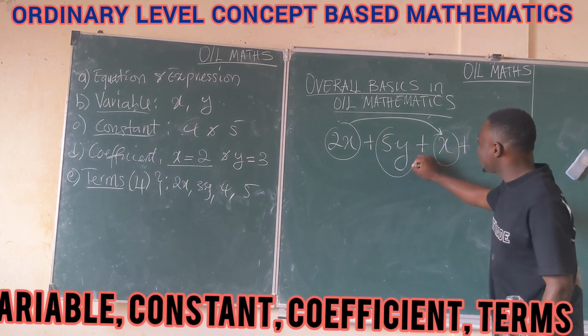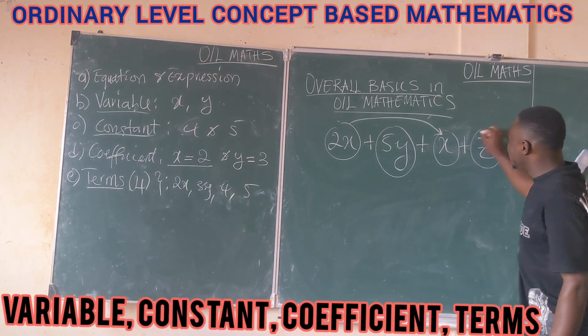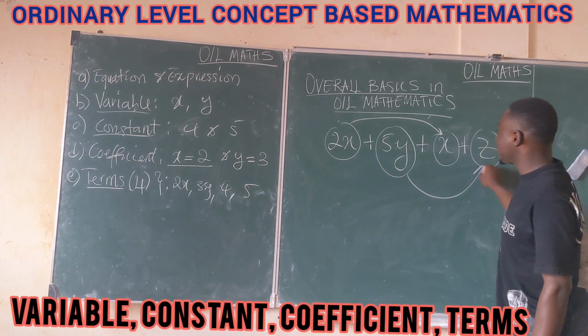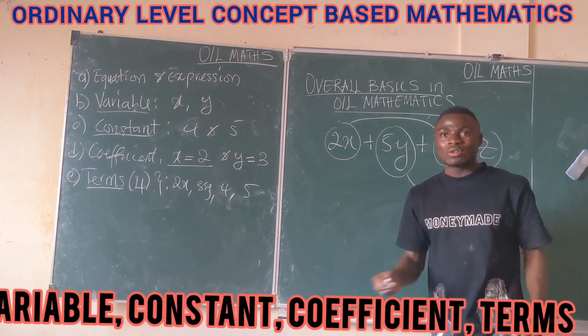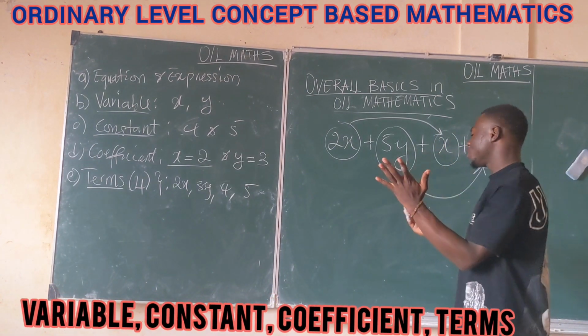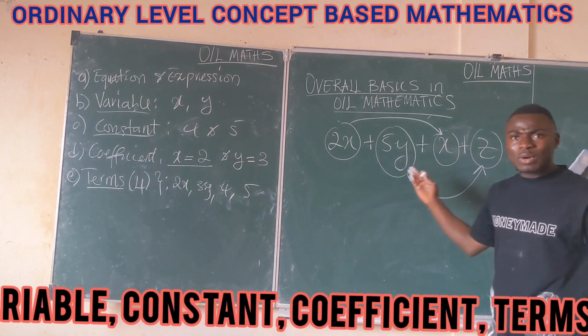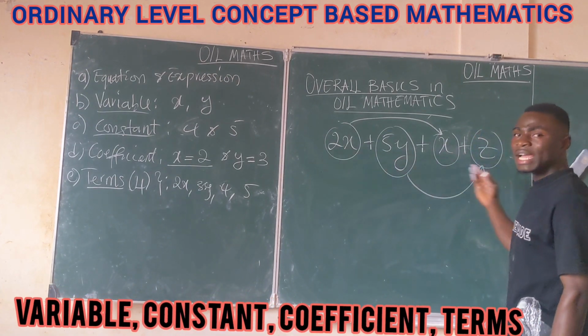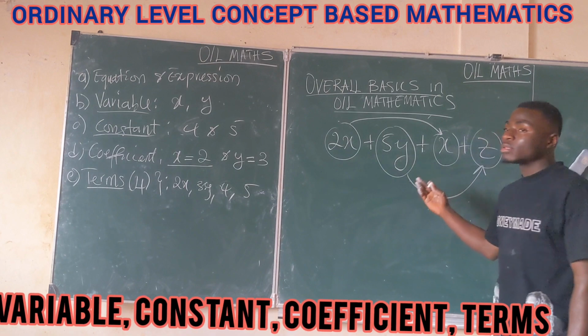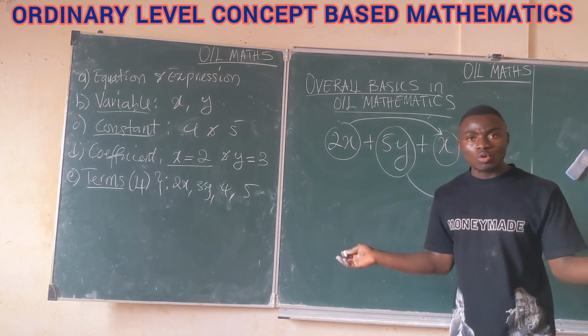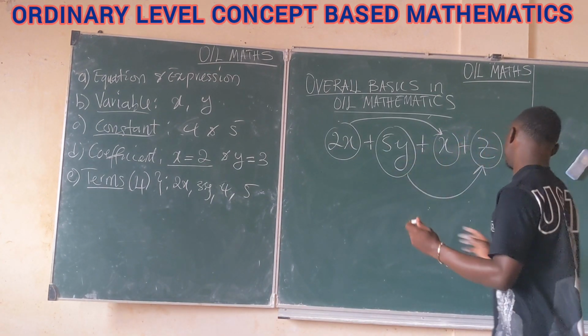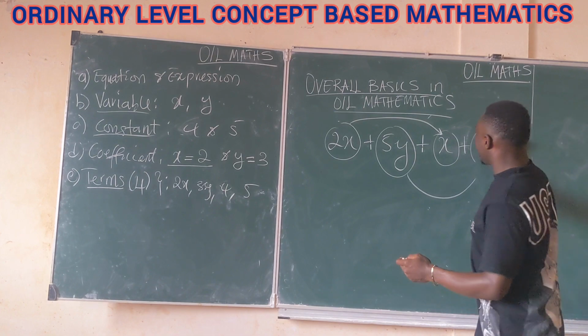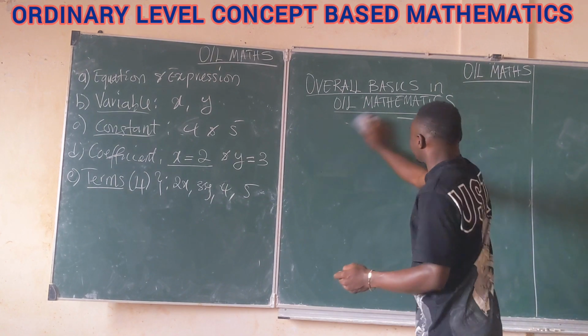Whereas 5y and z are from different families and hence referred to as unlike terms. So that's the principle of like and unlike terms. They can give an expression like this one and ask you how many like terms there are, or ask you to give the like terms and the unlike terms, and so on. That's the concept, and I hope it is well assimilated.